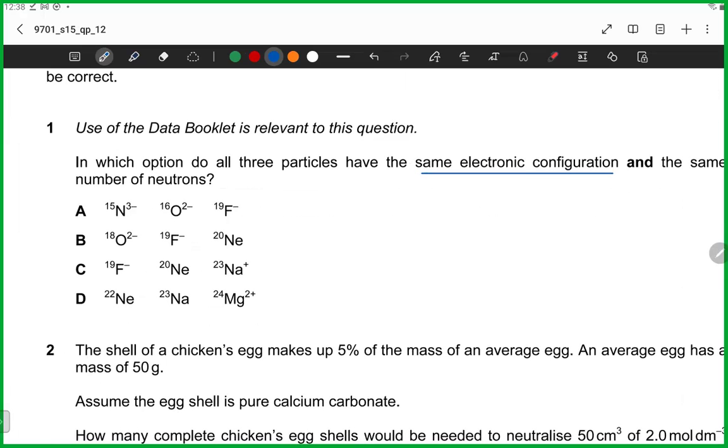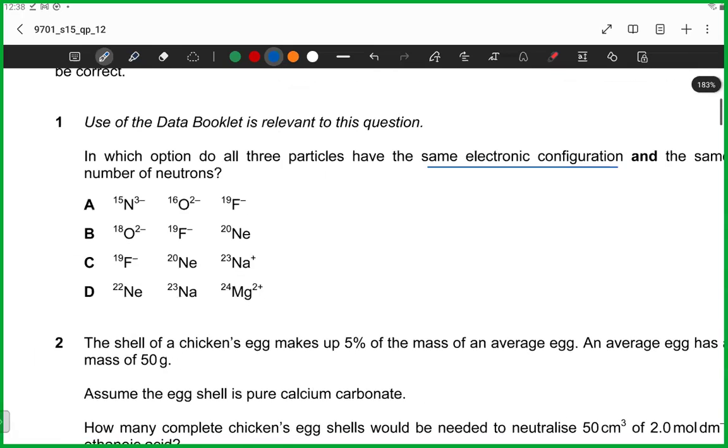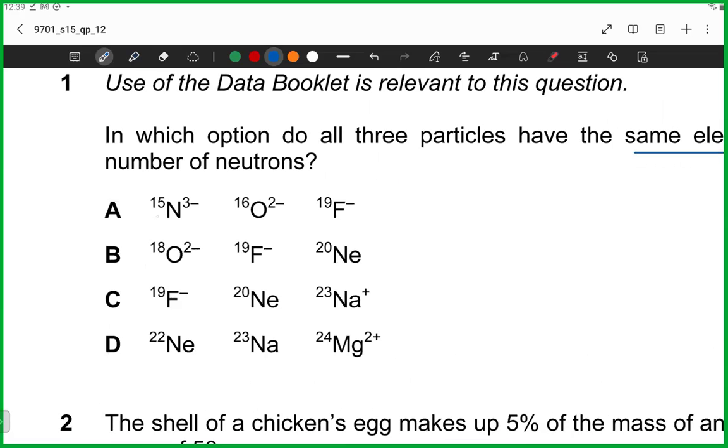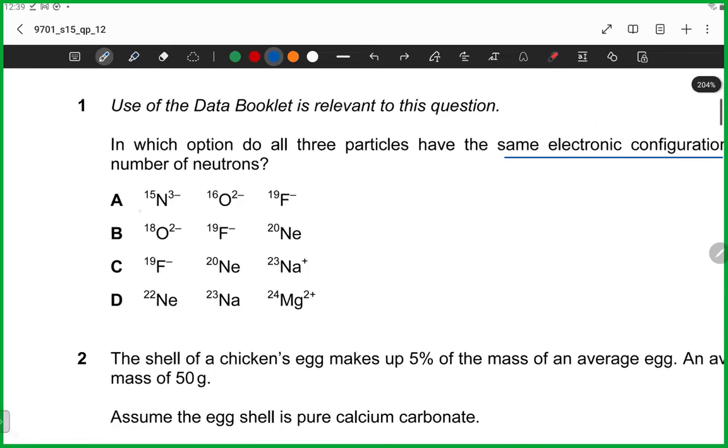I mean, that's an easy one. You have basically the same number of electrons, right? Yeah. So what about the first one? Do they have the same number of electrons? I mean, they're all going to have 10 electrons, right? Yeah.